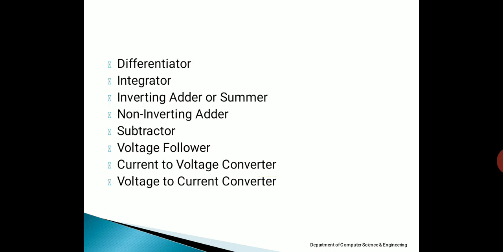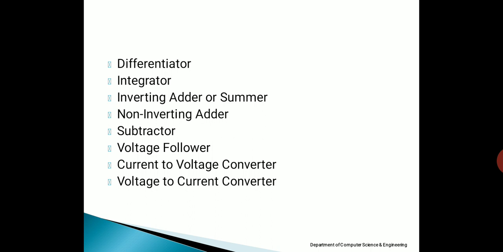The applications of the op amp can be listed as: op amp can be used as a differentiator, as an integrator, as an inverting adder or summer or summing amplifier, as a non-inverting adder, and as a subtractor.